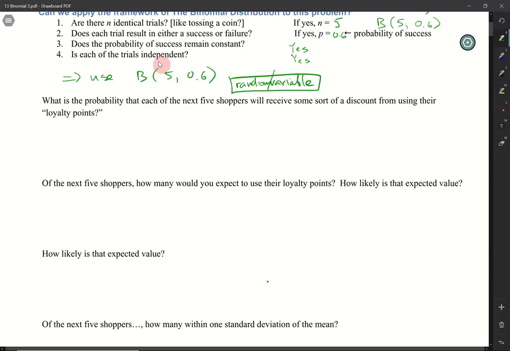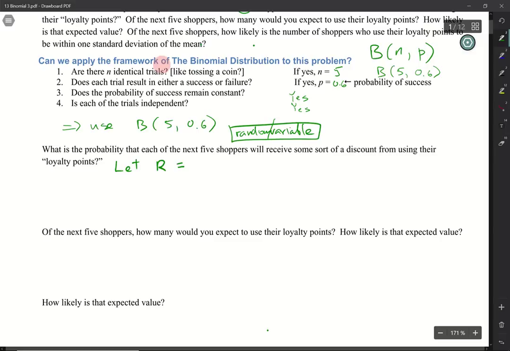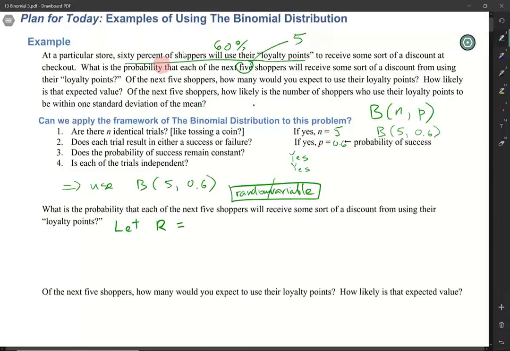Maybe we'll just call it R for the sake of random. So if we let R, what should we let our random variable be? Usually for binomial distribution problems, what's the usual random variable?